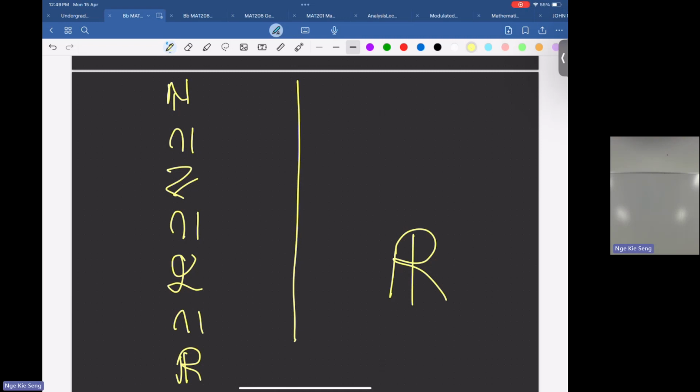But how do we build 1 and 0 here? How do we build 1 here? Peano axioms: 1 has to be inside my N first. And then I define what is 1 plus 1, 1 plus 1 plus 1, 1 plus 1 plus 1 plus 1, and so on. Okay. Does it make sense?